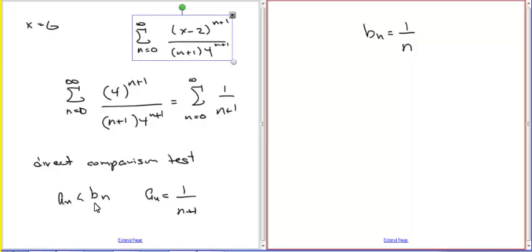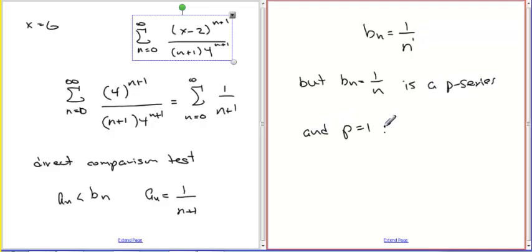Now b sub n, if you put a summation there, is a p-series, and p equals 1, that's the exponent. Therefore, the series summation of b sub n diverges, because if p is less than or equal to 1, it diverges.